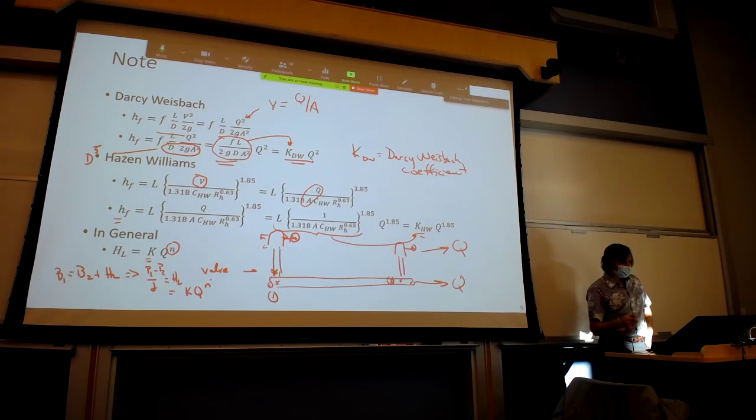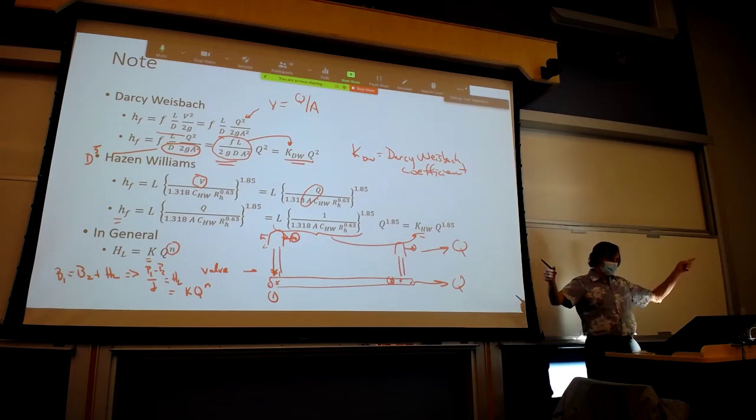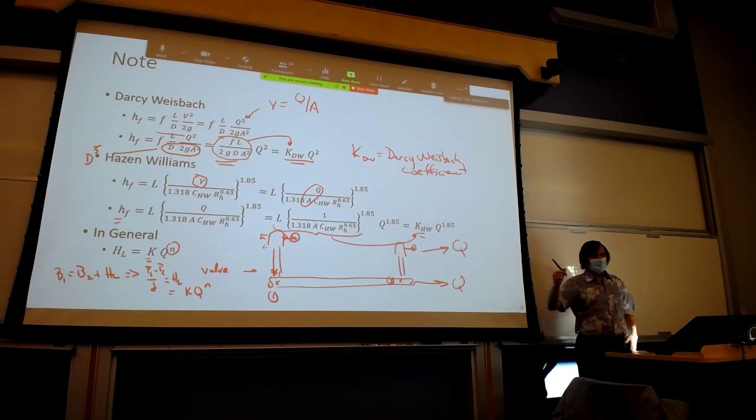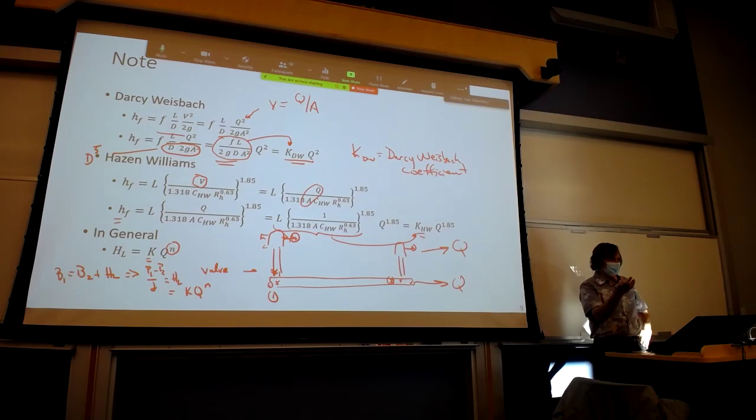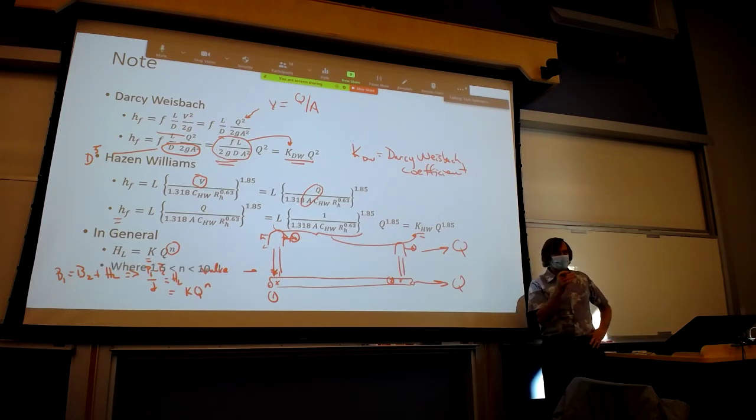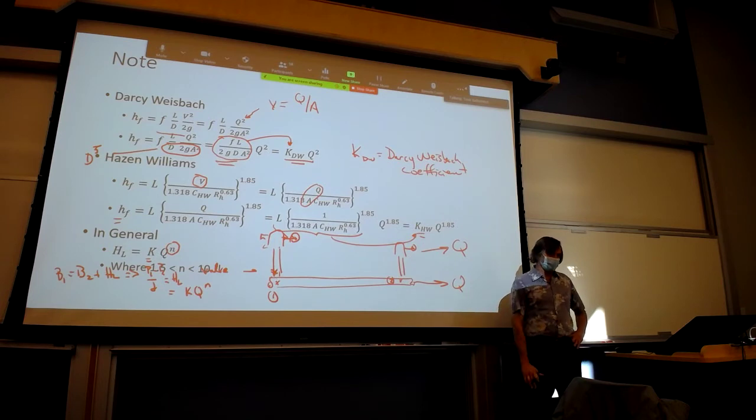So in the field, what we will do is measure the two pressures, and when we measure the two pressures for a specific flow, we have one coordinate of HL and Q. We'll run various flows, and then what we do is we fit equations, a power function, to compute K and n. And in many applications, what we find is that n ranges from 1.5 to greater than 10.